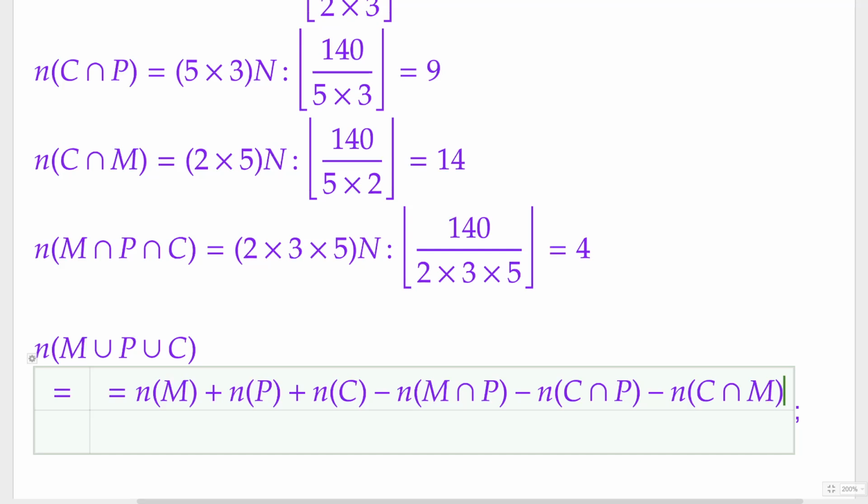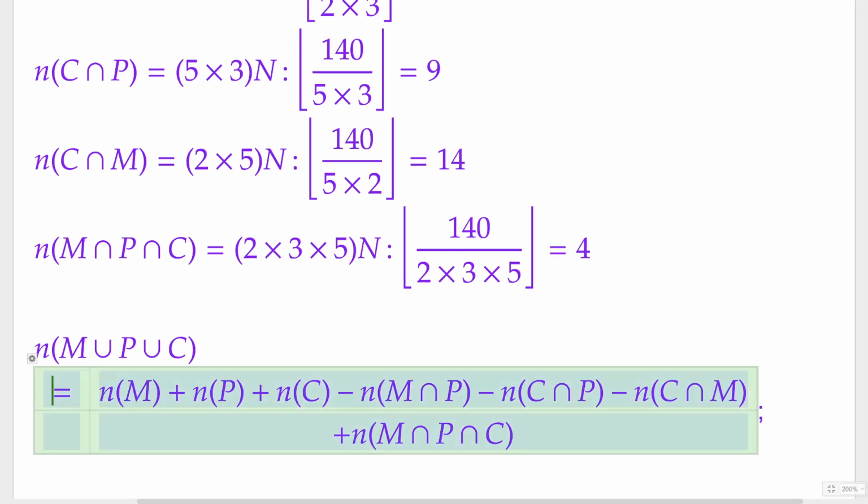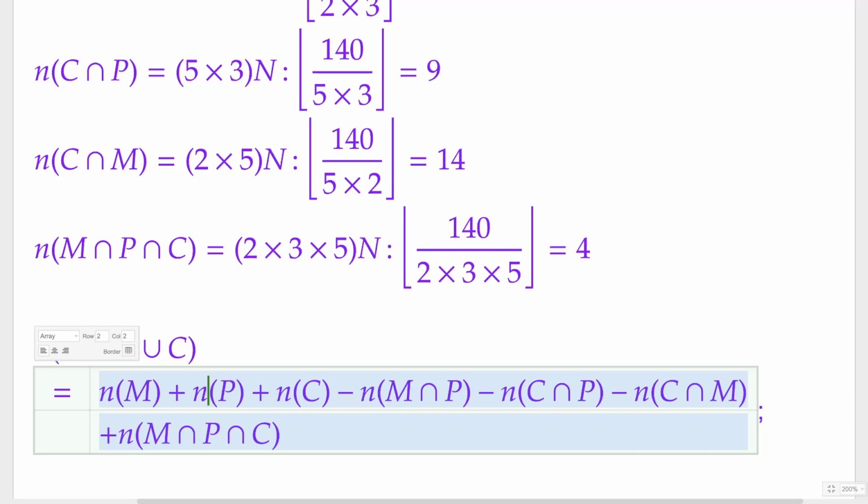So this is equal to this, and finally I will add the number of elements present in the intersection of all three. I'll arrange it a little so that it is easy to understand.